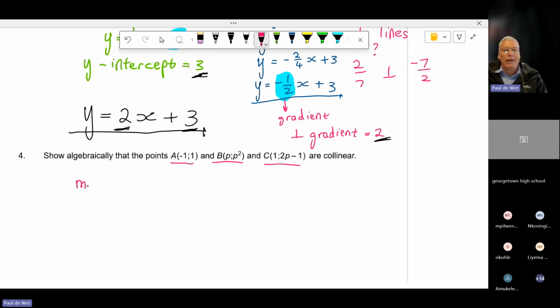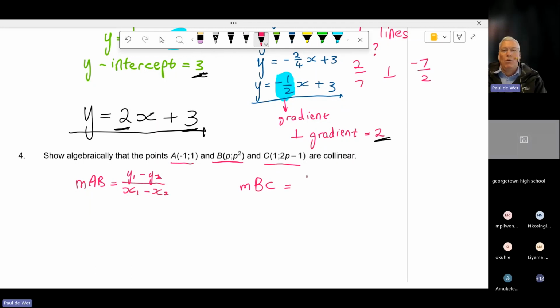We're going to work out the gradient of AB, and we're going to work out the gradient of BC. Now, remember our gradient formula? We go y value minus y value, so y1 minus y2 over x1 minus x2.